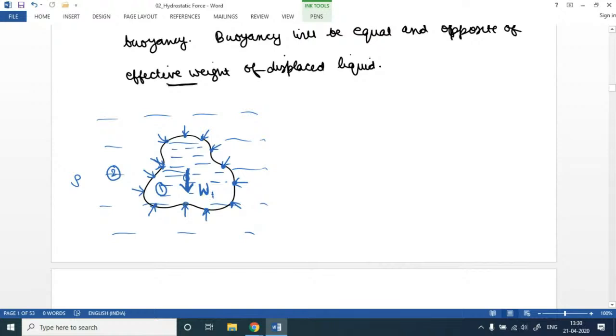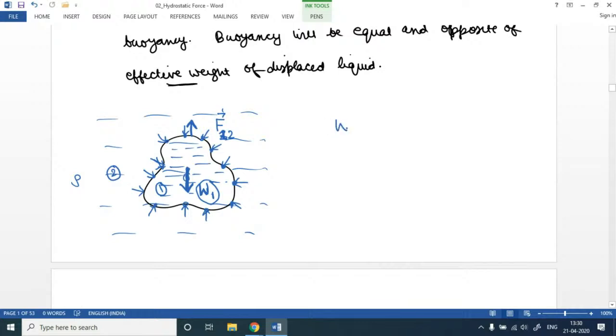So this would be W1, and the remaining liquid will be exerting some force which will be to balance this W1. So that force is going to be effectively in upward direction. That is basically force exerted on 1 by 2, F12 you can say.